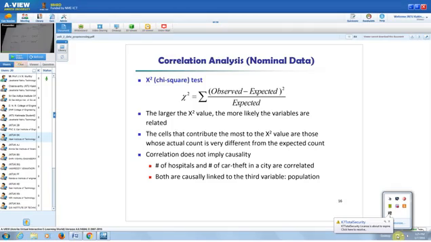N is the total number of tuples. Please remember. So what is the total number here? How did you get that? For fiction, 250 plus 200, 450 participated. For non-fiction, 1050 participated. So this is 450 and this is 1050. Total is 1500. So your N is equal to 1500.